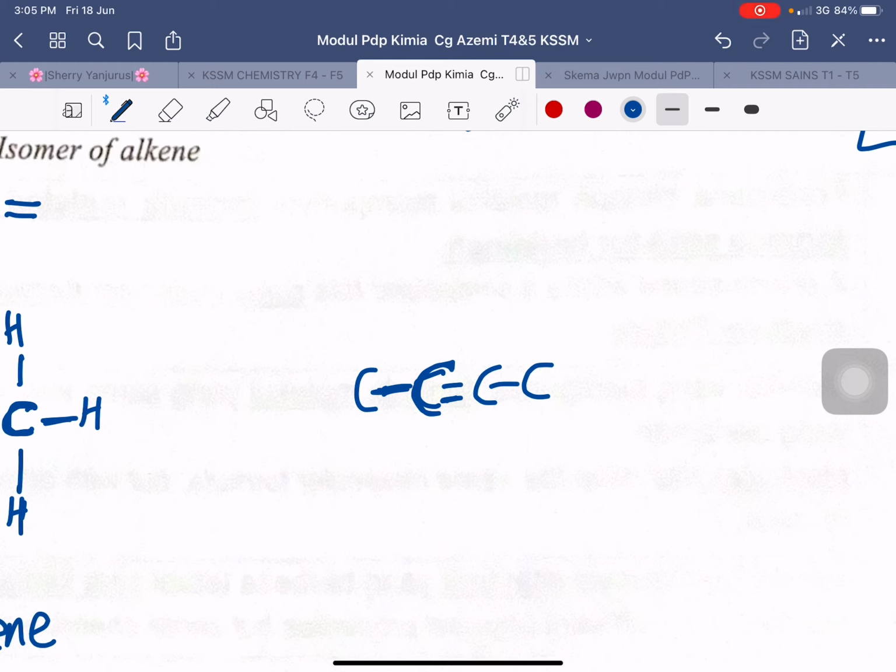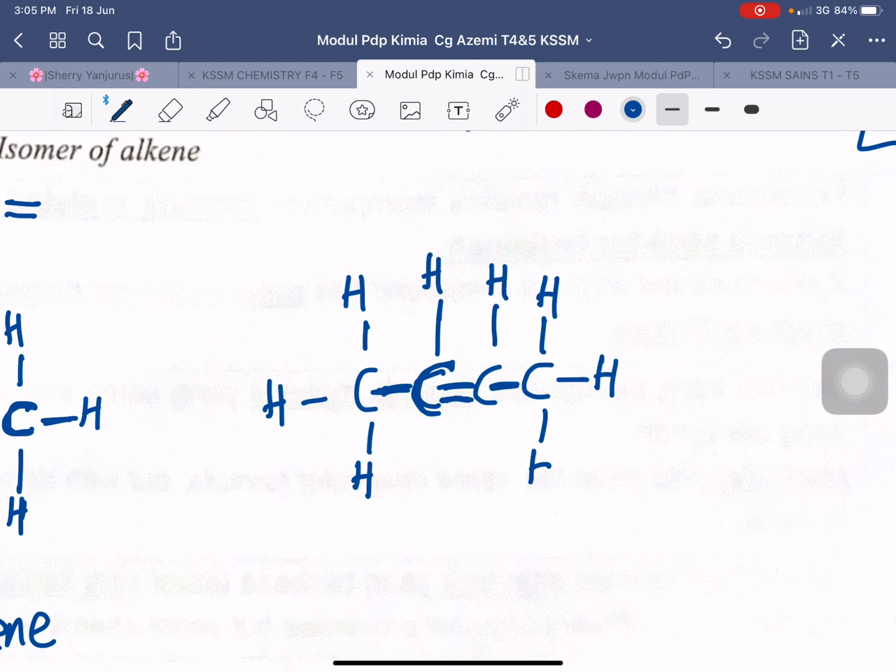The hydrogen bonds: 1, 2, 3, 4, 1, 2, 3, 4, 1, 2, 3, 4. So these are the 4 hydrogen bonds for each carbon. This is how you draw the second one.